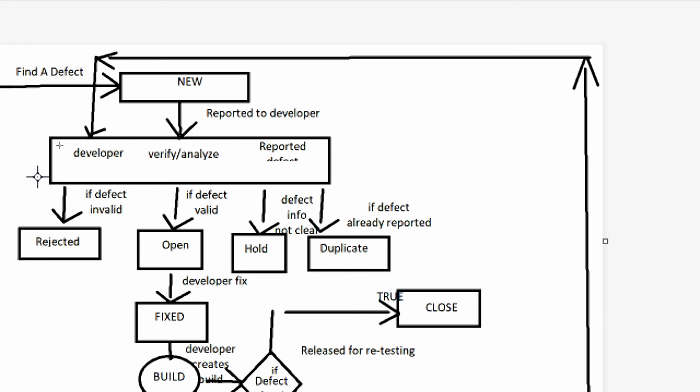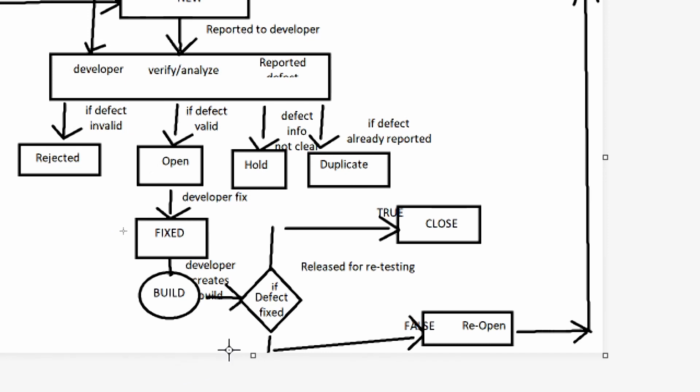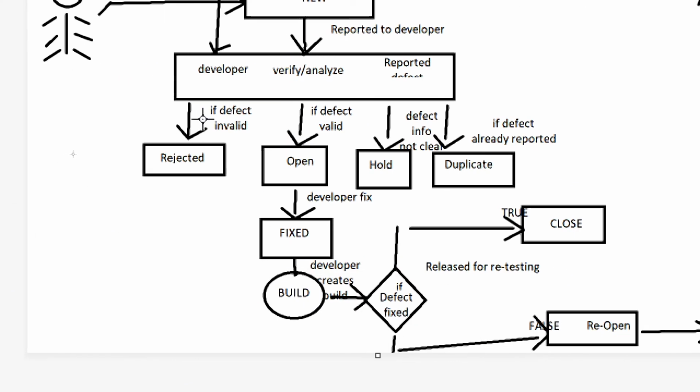If the defect is invalid, there are three cases we need to remember here. If the defect is valid, these are all the steps the developer will follow. If the defect is invalid, meaning the defect we raised is working fine on his environment and also in the testing environment, then he is going to reject that defect.